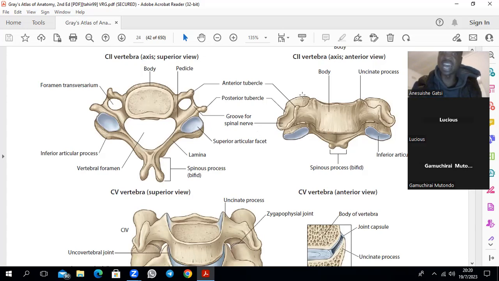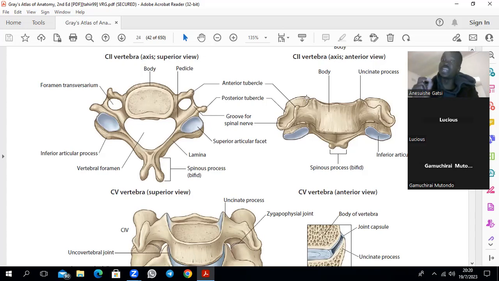So the superior articular facets, they face upwards and backwards. So superior facets, they face upwards and backward. That means the inferior, you know. If this is upward, this is going to be downwards. If this is backwards, this is going to be forward.